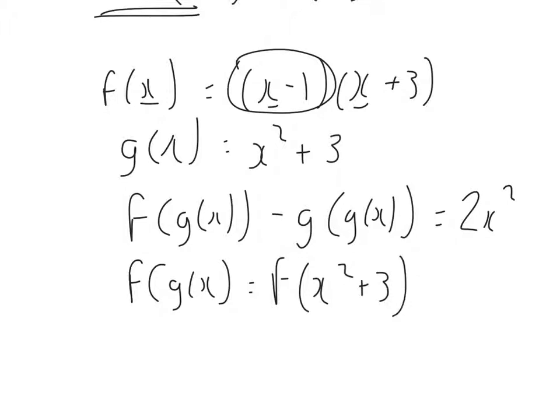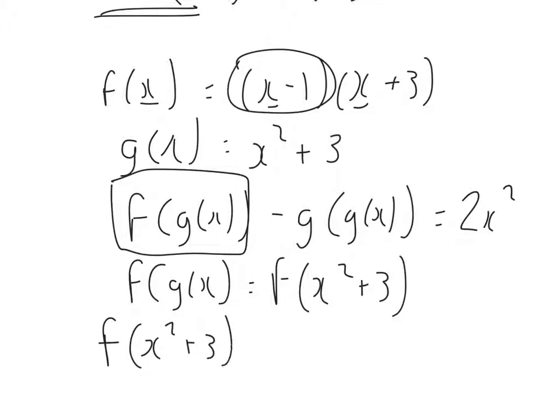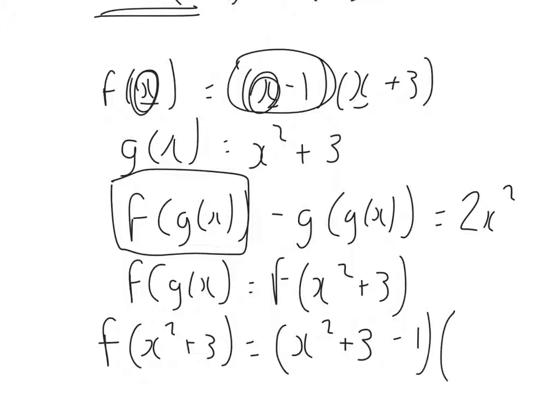So let's first of all find out what f of g of x is. f of g of x is f of x squared plus 3. So whatever's in the bracket, I'll write it down, I take away 1, and that's in the first bracket. So that will be x squared plus 3 minus 1. And then the second bracket, I write it down and I add on 3.